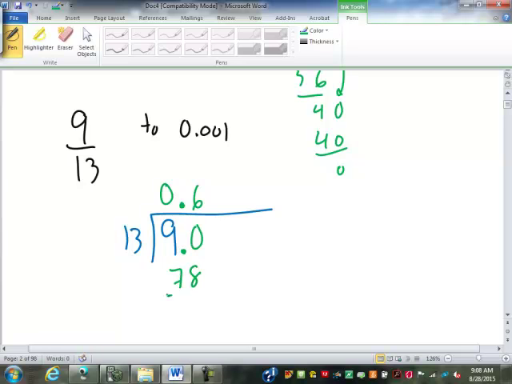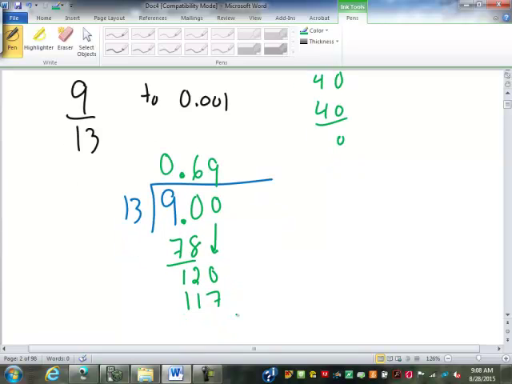6 times 13 would be 78. So that's 12. Add another 0, bring it down. How about 120? 9 times 13 is 117, right? So we have 3. Add a 0, bring it down. 2 times 13 would be 26.